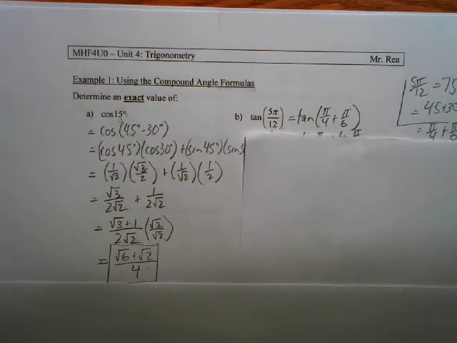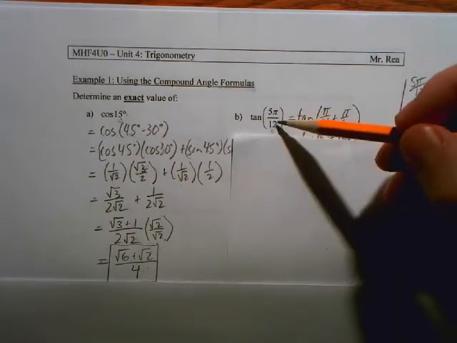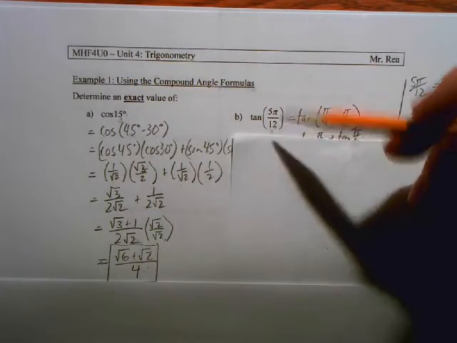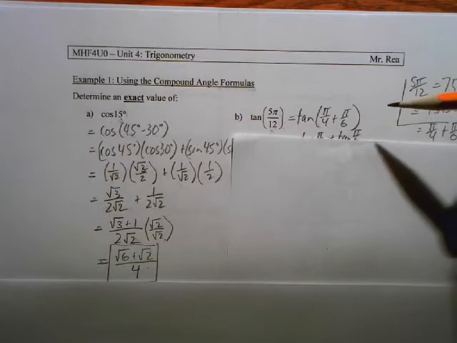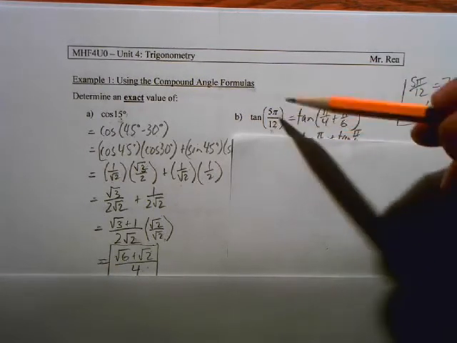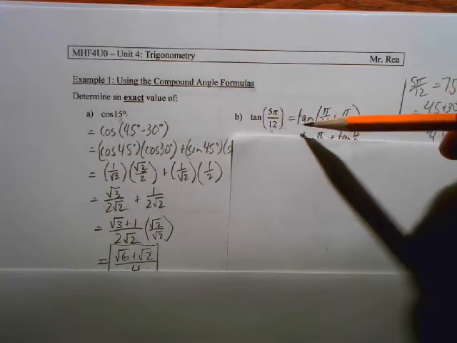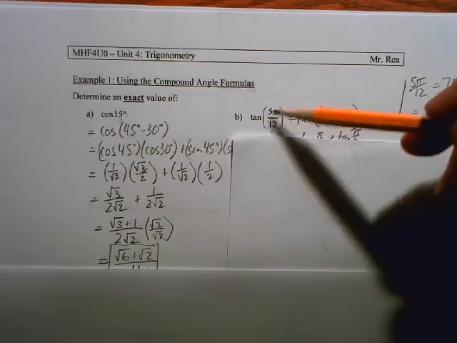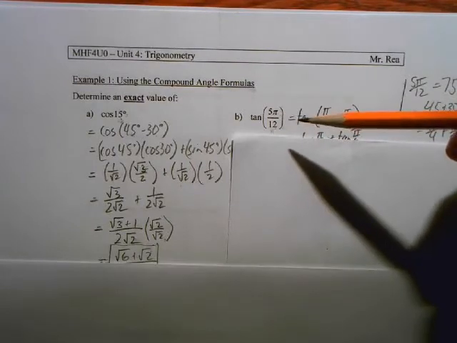Okay, so let's switch over to a radian question. In this case, they want to know the exact value for tan of 5 pi by 12. Well, that definitely wasn't on the unit circle, so we're going to convert it into a sum or difference of 2 angles. Now, if you're like me, you always think in degrees.